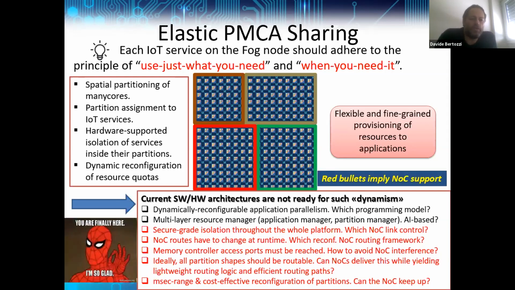Now, the good news here is that all the red bullets have something to do with network on chip, and therefore network on chip support can help to effectively tackle these challenges. Finally, we hit the bottom, so we reached the lower layer of the software stack, that is the on-chip interconnection network, that as a system integration framework has to do with most of these issues.